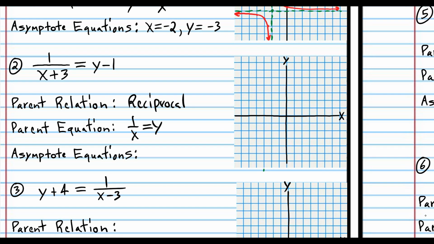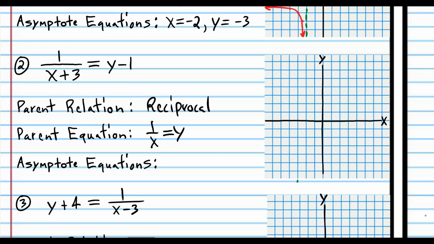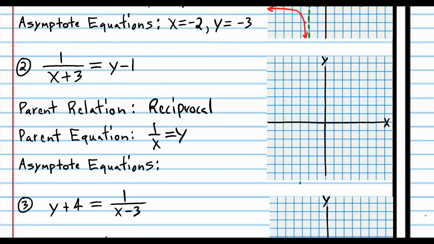So we start at the origin, and we move 3 units to the left, 1, 2, 3, because we're adding 3 to x up here. And we move 1 unit up because we're subtracting 1 from y. And we mark that point.